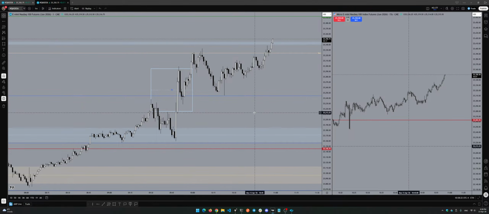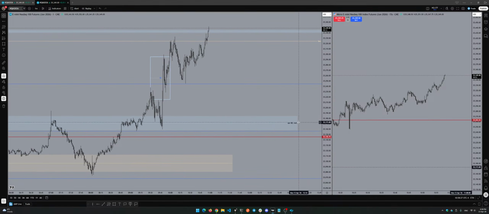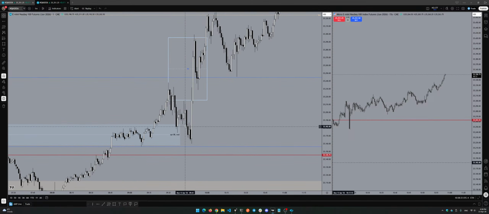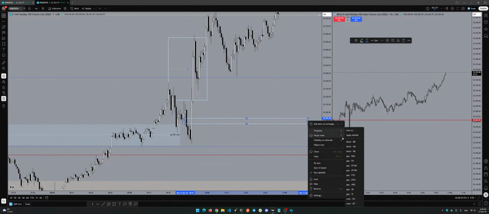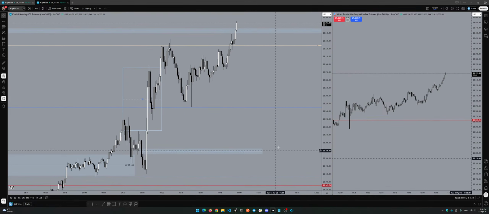Our first presented fair value gap is this. This one. FPAM.